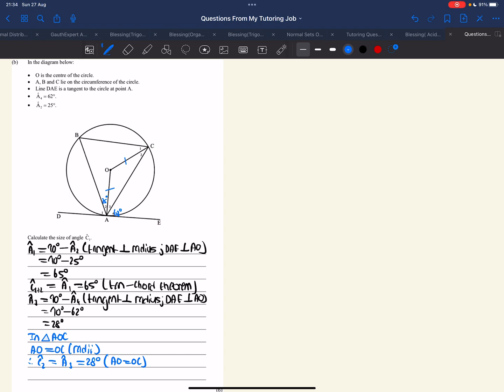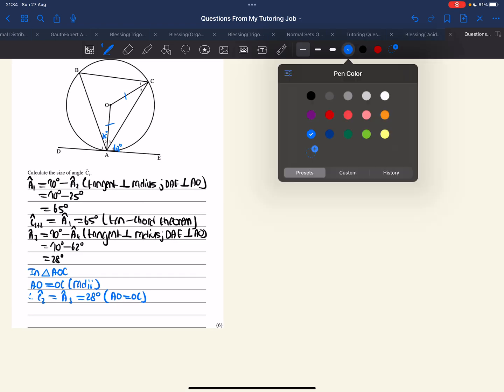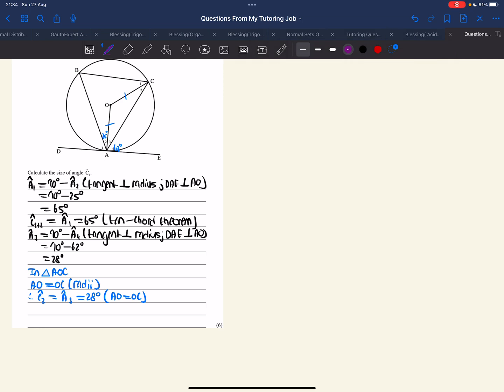After doing that step, we can say that therefore, we're looking for angle C1. Angle C1 is equal to the total of C1 plus C2 minus angle C2.